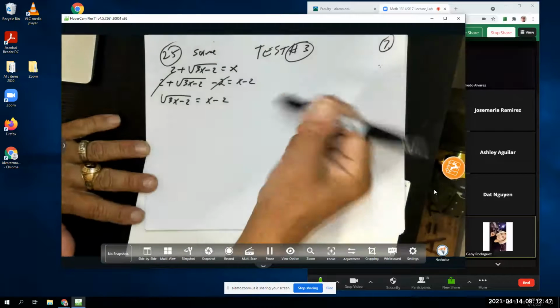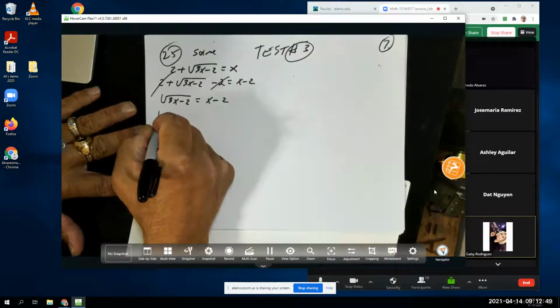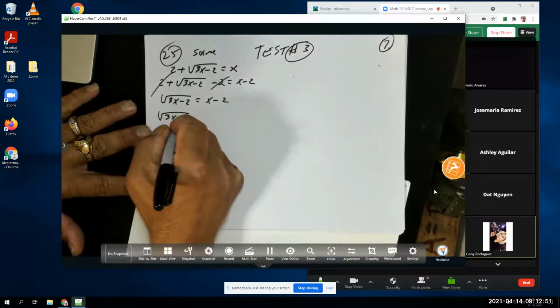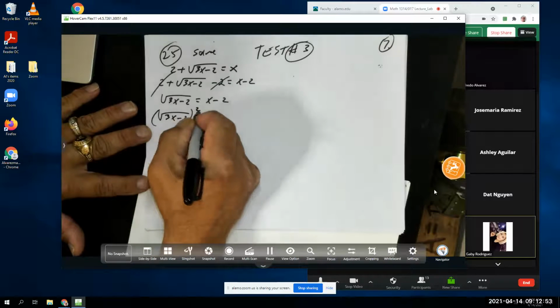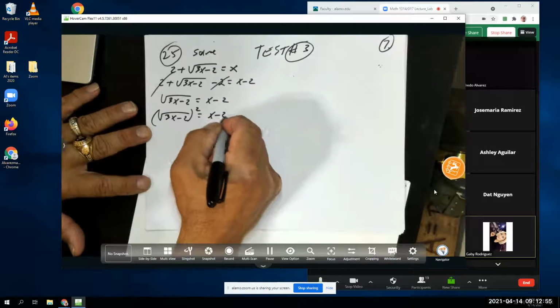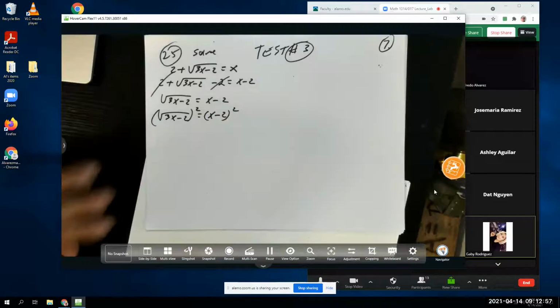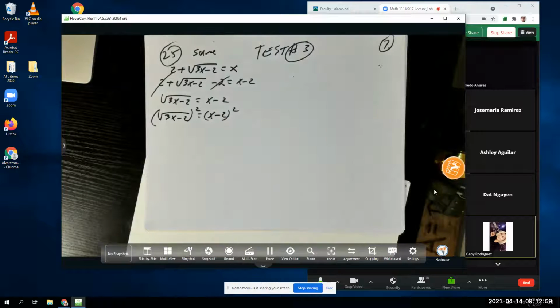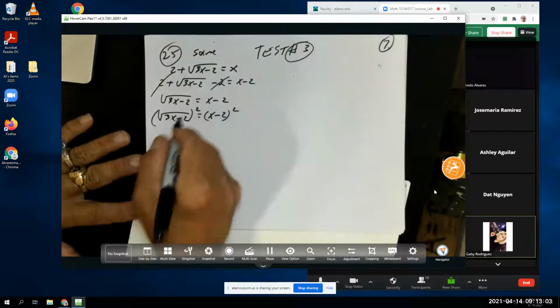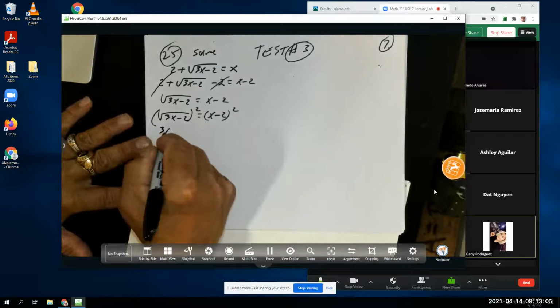Let me get my pen. I'm gonna square the left side, and I'm gonna square the other side too. There it is. Square the left, square the right. So now the left side, square root of 3x minus 2 squared is just gonna be the inside part. So it's gonna copy it.